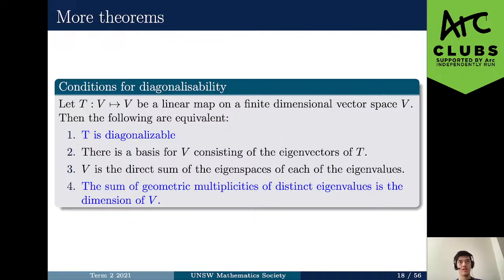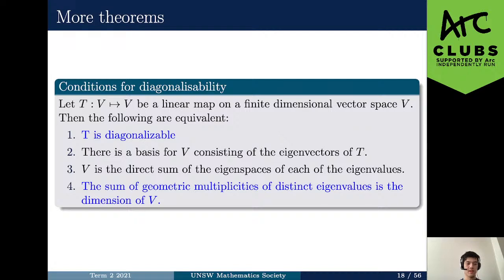Alright, so next we have conditions for diagonalizability. We've said that diagonalizable means that if I change the basis, it would be a diagonal matrix. So T is diagonalizable if and only if there is a basis for V consisting of the eigenvectors of T, and that's equivalent to saying V is a direct sum of eigenspaces of each of the eigenvalues.